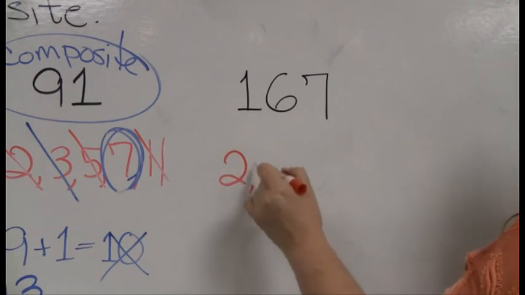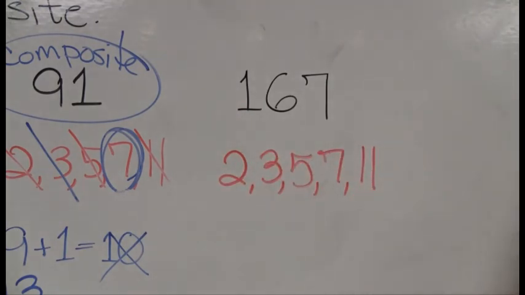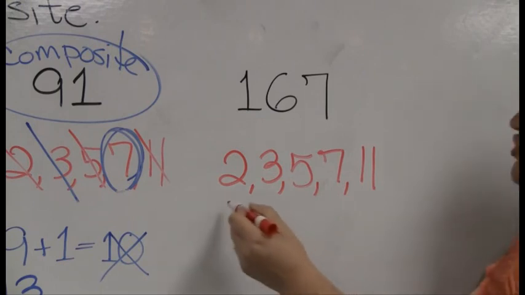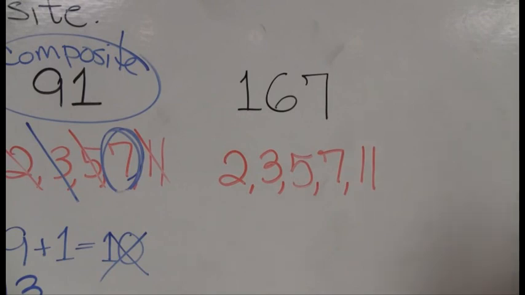First 5 primes are 2, 3, 5, 7, and 11. Y'all are sick of me saying it already, but I'm going to say it till it's burned in your brain. 2, 3, 5, 7, 11. Does 167 divide by 2? It does not. It's odd. Does it divide by 5? A real quick final digit check will tell you no. Does it divide by 11?